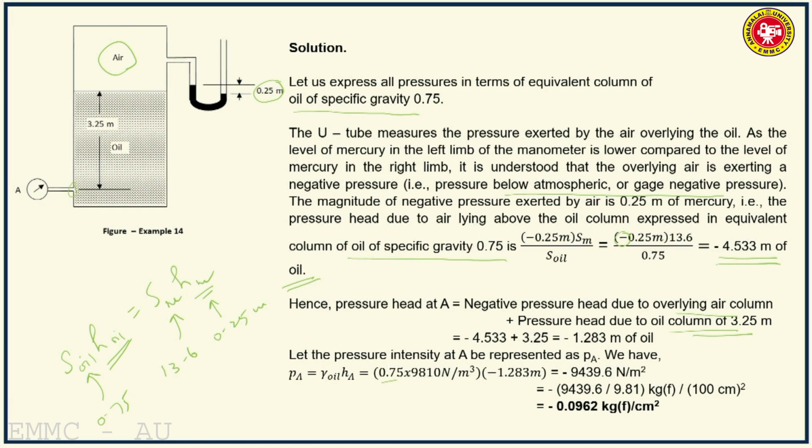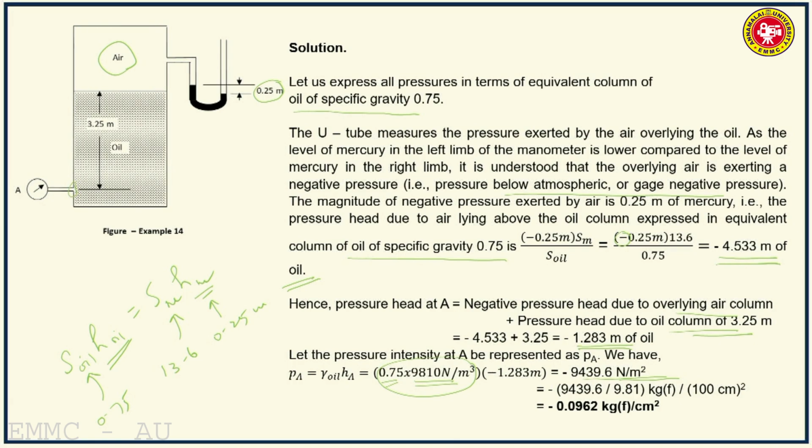So 0.75 multiplied by specific weight of water, which gives the specific weight of oil, into minus 1.283 meters. Already at the surface of oil the pressure is minus 4.533 meters of oil, then you add 3.25, so that becomes minus 1.283 meters of oil. So the pressure intensity at point A is again negative, that is minus 9439.6 Newton per meter square.